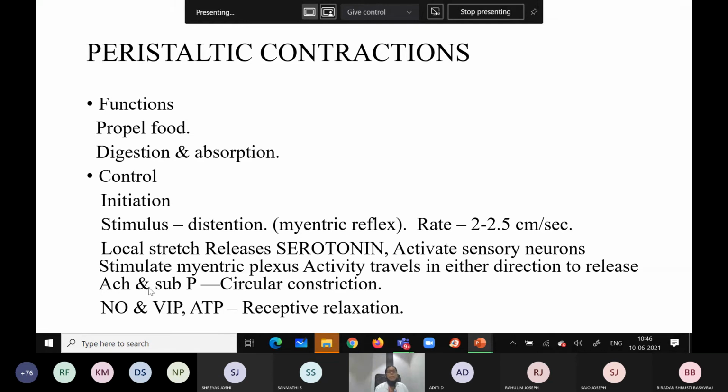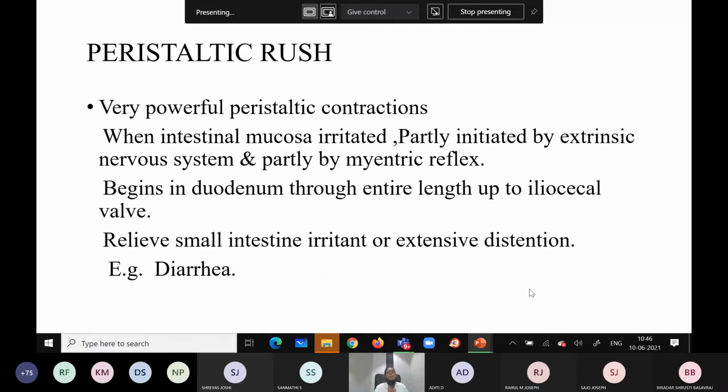So behind the chyme, acetylcholine and substance P cause circular constriction, and in front, nitric oxide and vasoactive inhibitory peptide lead to receptive relaxation. So that is about the peristaltic movement.